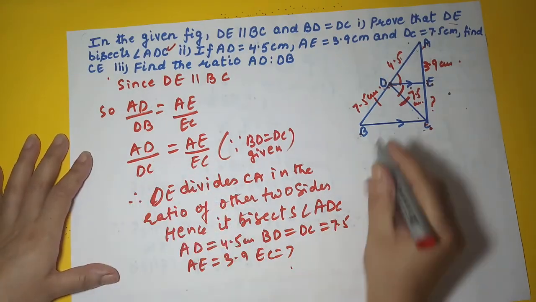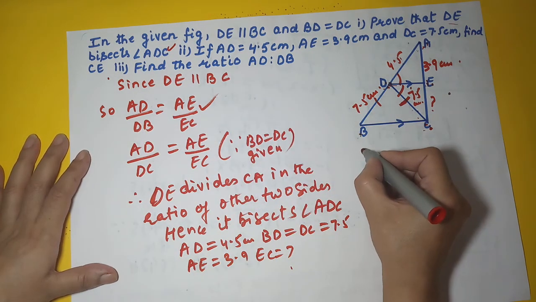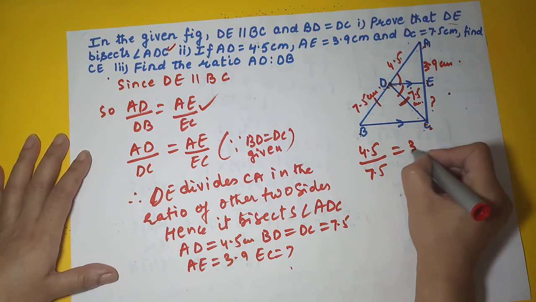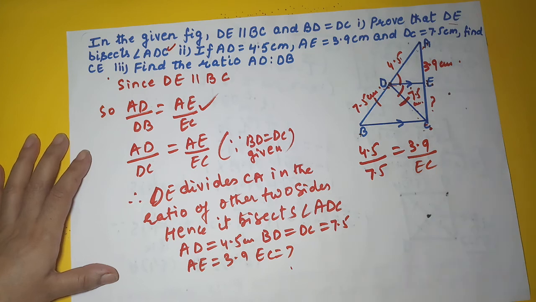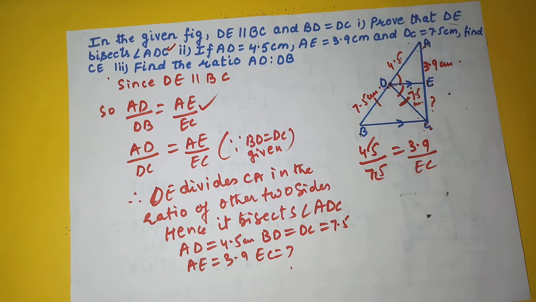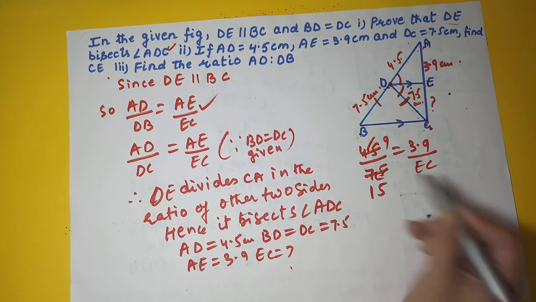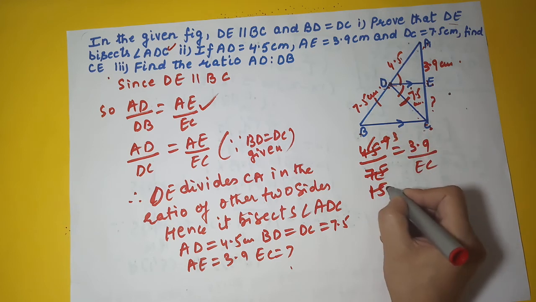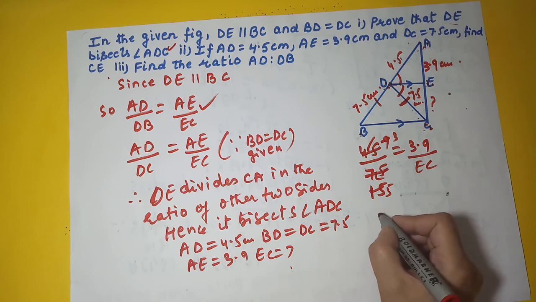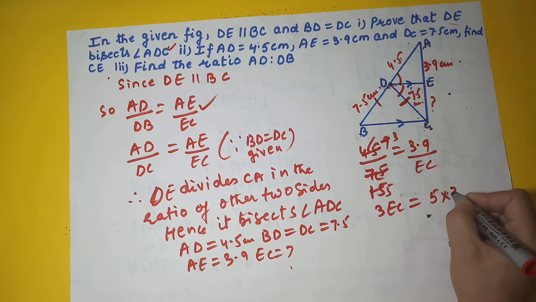Now we will use this first one. So we will get AD is 4.5 upon 7.5 is equal to 3.9 upon EC. So decimal and decimal will go. 5 nines are 45, 5 fives are 75, so 3 threes are 9, 3 fives are 15, then cross multiply. 3 EC is equal to 5 into 3.9.